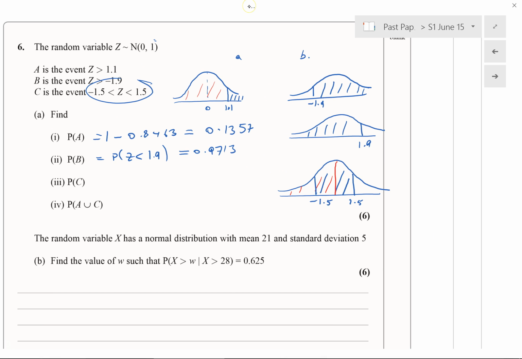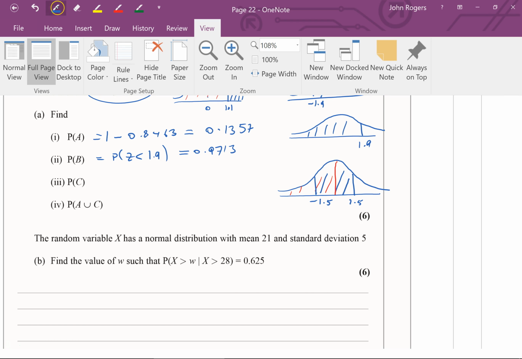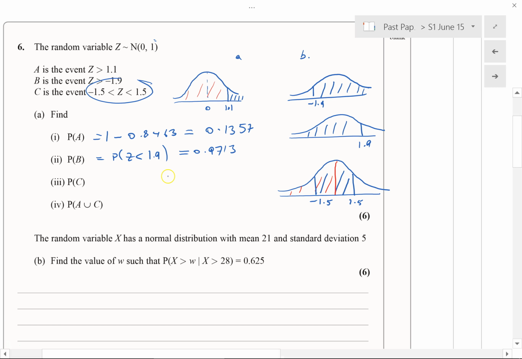Okay, then this area here is 0.9332 minus 0.5. But we've got two lots of these, so we've got that times 2.